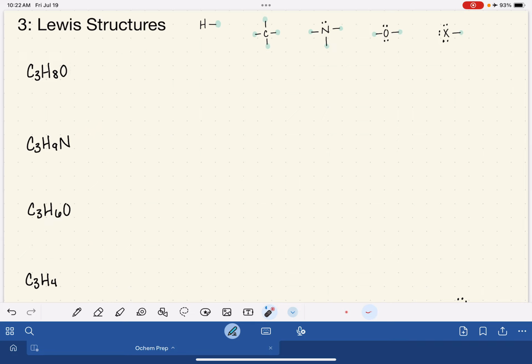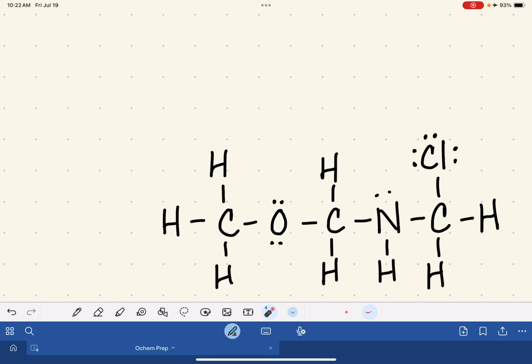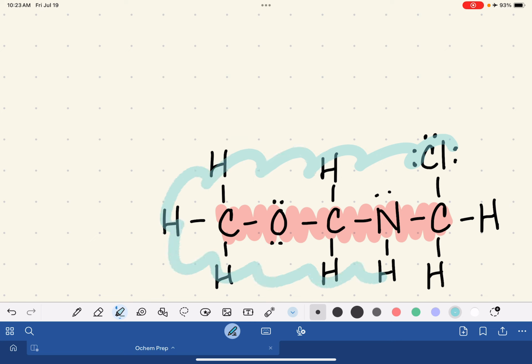Before we jump into our first example, I've got a Lewis structure of an organic molecule down here that I want to talk about a little bit. I'm going to talk about a couple features of this Lewis structure. First of all, when I'm drawing or looking at a Lewis structure for an organic molecule, I like to talk about what I refer to as the inside of the molecule and then the outside of the molecule.